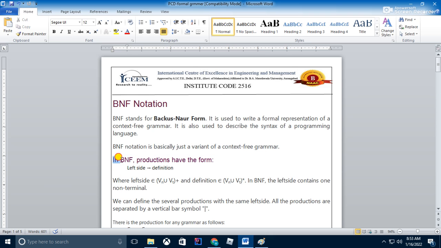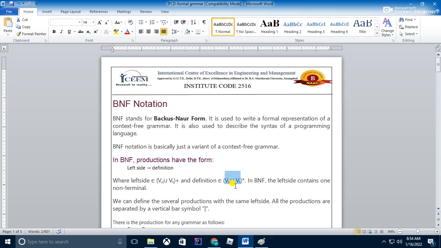Now in BNF notation, the productions have the form: left side of production is derived by the definition. This is the general notation for productions. The left side derives the definition, where the definition belongs to the production rules and may have terminal and non-terminal symbols.